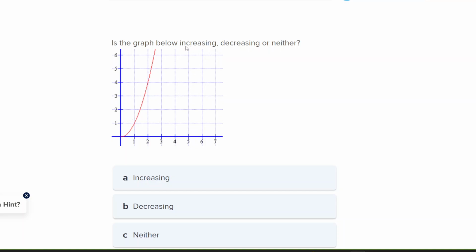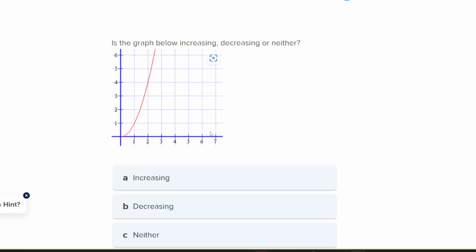Now, they would say that a function is increasing if, as x increases, the y values are increasing as well. So when we are asked about a function being increasing or decreasing, we're going to look at the graph of the function from left to right.